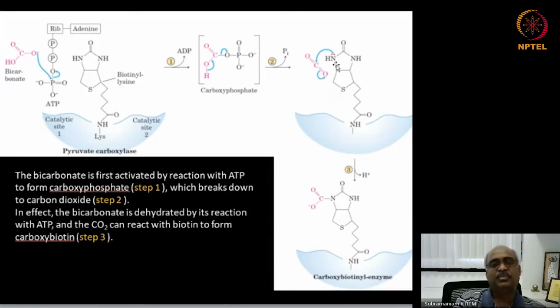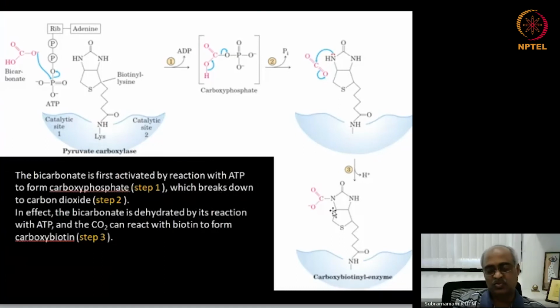And this nucleophile, this is an extra pair of electrons, and that reacts with this carbon, which is electron deficient because of these two oxygen atoms. And now you have the carboxybiotin. So biotin carries carbon dioxide, and since it's one carbon, we call this one carbon transfer.